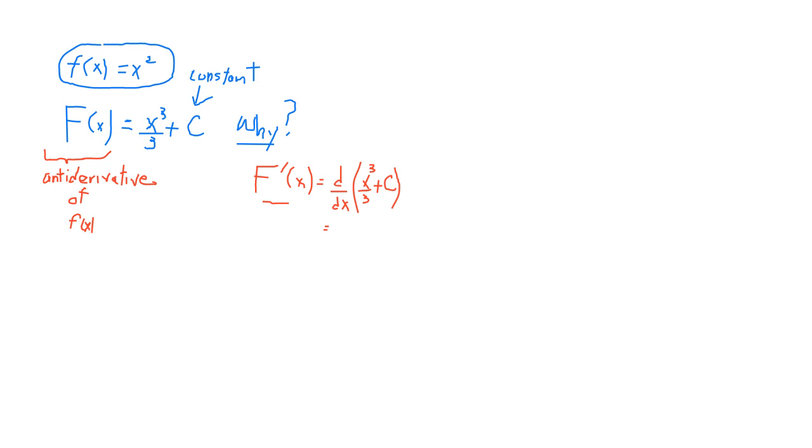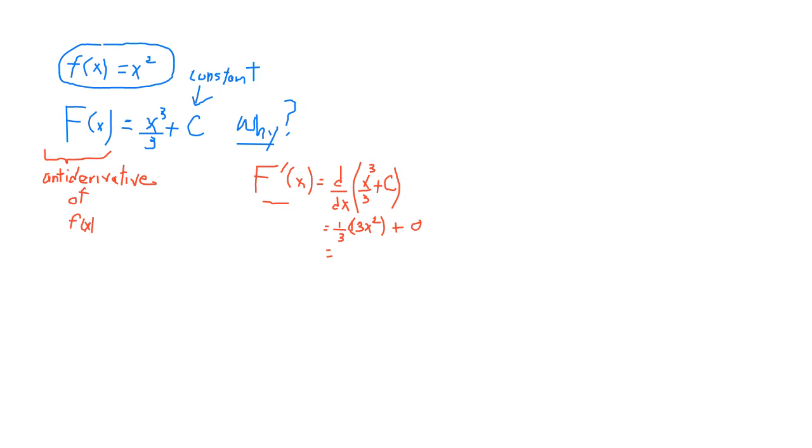The derivative of the sum is the sum of the derivatives. So for the derivative of x cubed over 3, we can factor the one third out. And the derivative of x cubed by the power rule is just 3x squared. What's the derivative of a constant, by the way? 0.